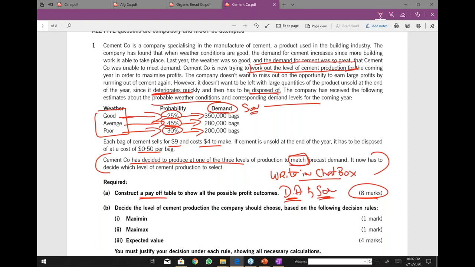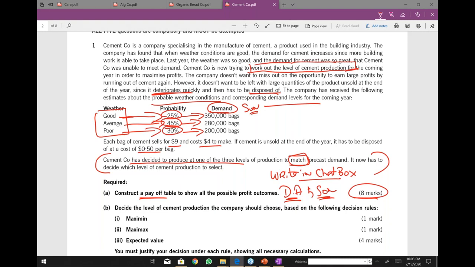You don't know whether 3,50,000 or 280,000 or 200,000 bags will be sold. So demand is indirectly state of nature as well, and you can use these probabilities for demand as well, because demand is dependent on weather.